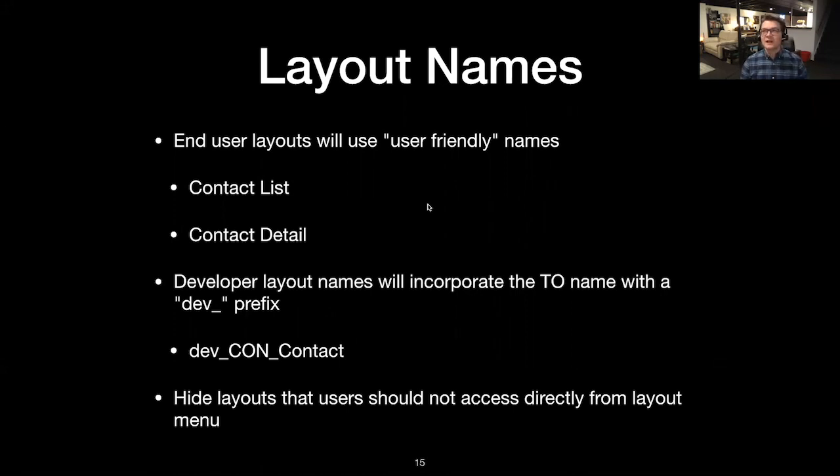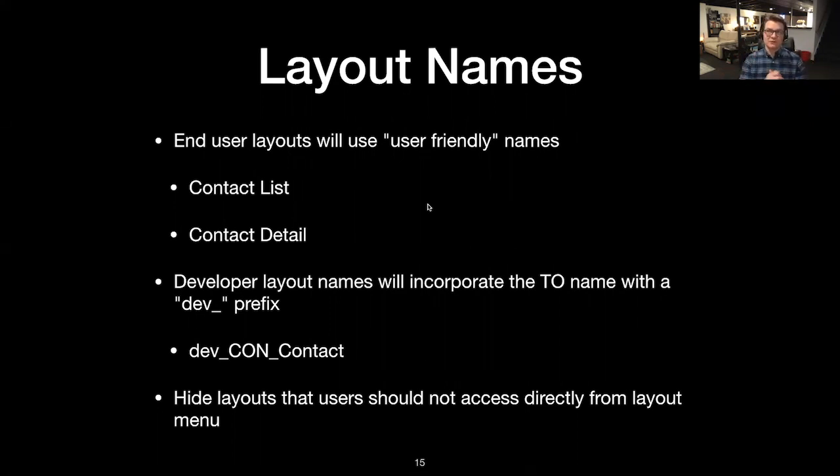So when it comes to naming layouts, we try to separate our layouts into 2 groups. Some layouts are what I would coin user layouts. These are layouts that users are interacting with on a regular basis. Maybe they're available in the layout drop-down menu. In that scenario, we will name these layouts in what we would consider a user-friendly way.